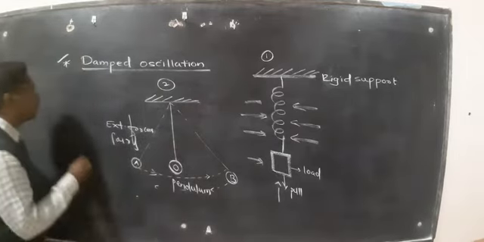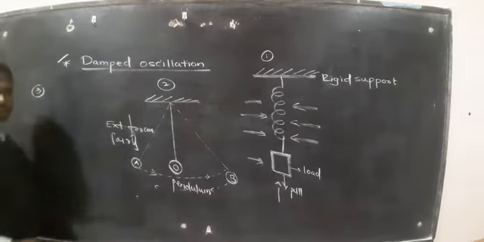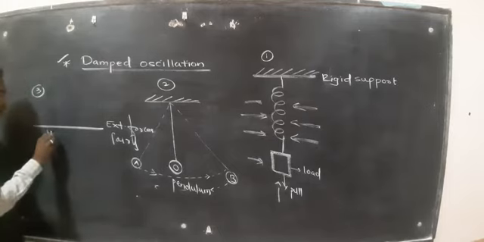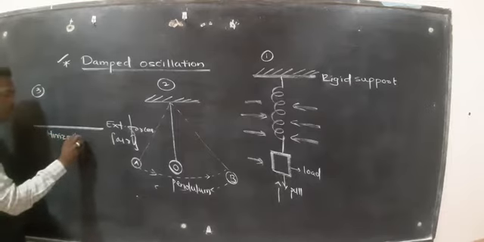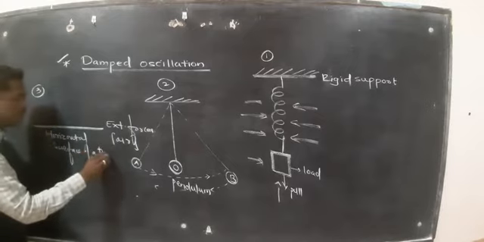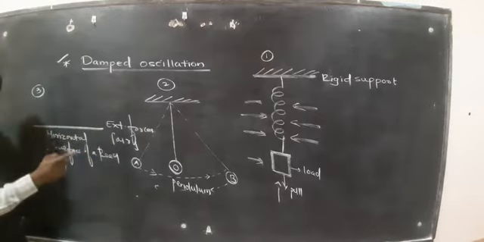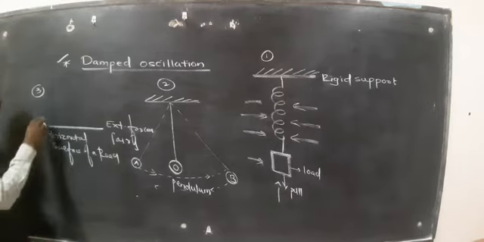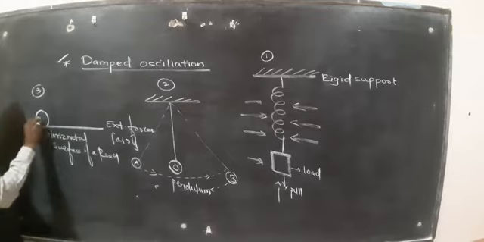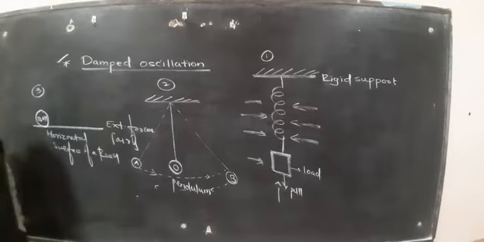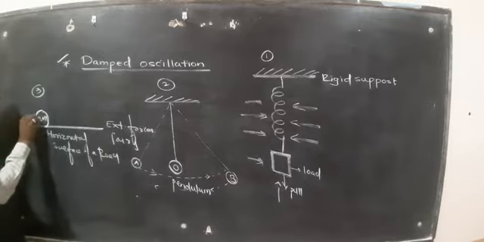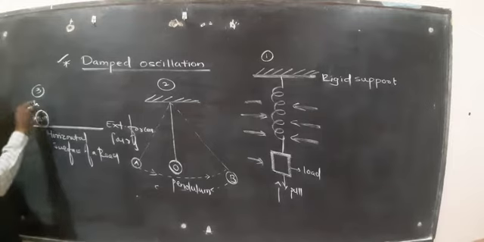Let us consider another example. This is a plain, straight, horizontal surface of a road on which a ball is kept. What was kept on that horizontal surface? A ball. Just push the ball.